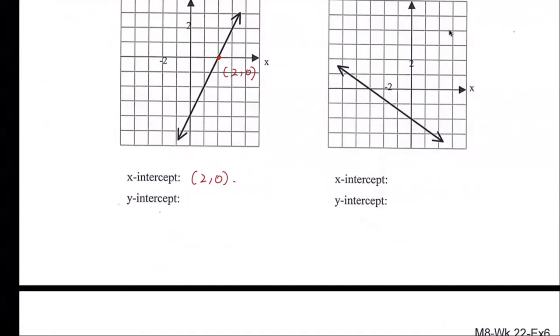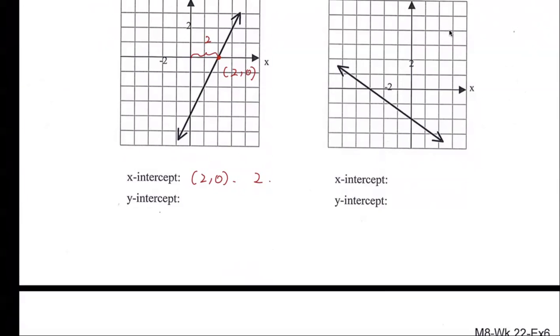If you write only 2, I will also consider that answer correct, because technically this is 2, right? So if the question does not specify whether you should write the coordinates of this point or just the distance, you can write either one. Okay?